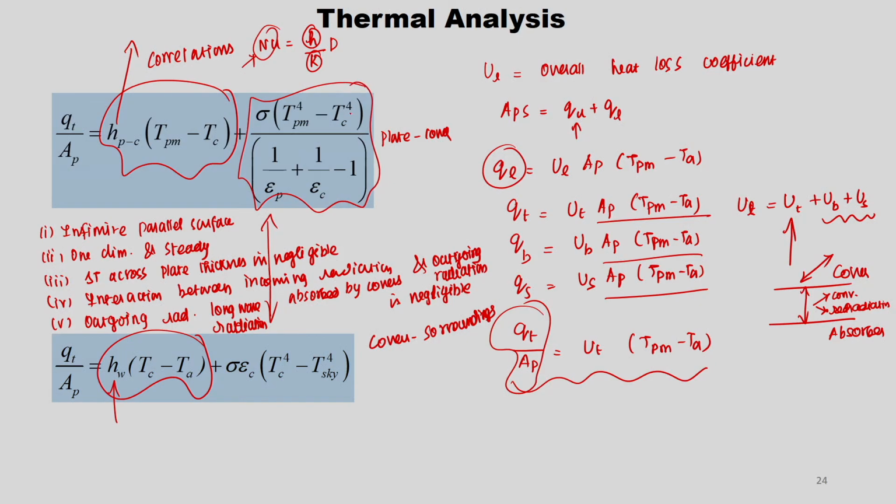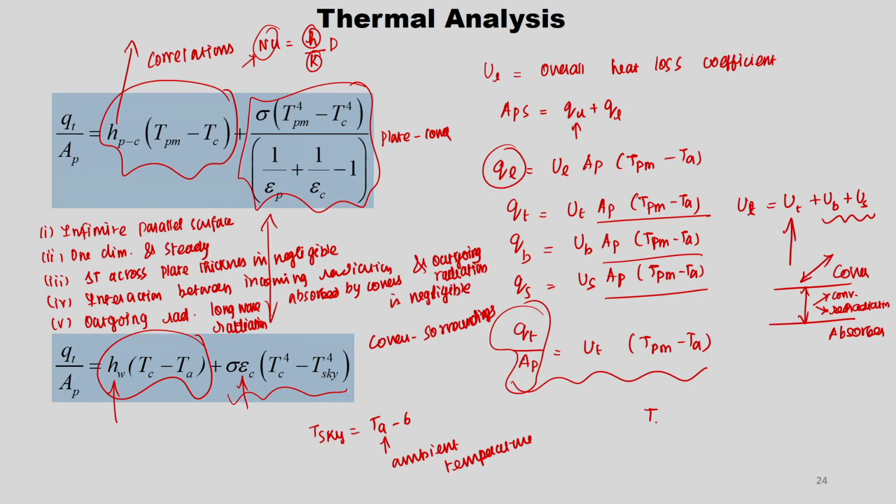This involves the plate mean temperature, sigma which is the Stefan-Boltzmann constant, and the cover temperature, along with the plate emissivity and cover emissivity. The same here with the sky temperature, which is normally taken as TA minus 6, where TA is the ambient temperature. By comparing these two, your plate mean temperature TPM would be fixed.